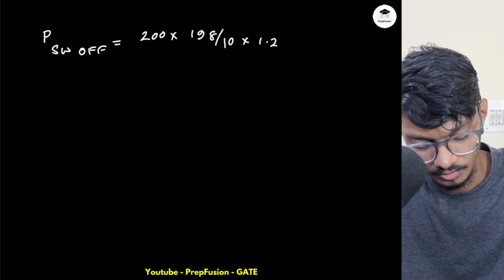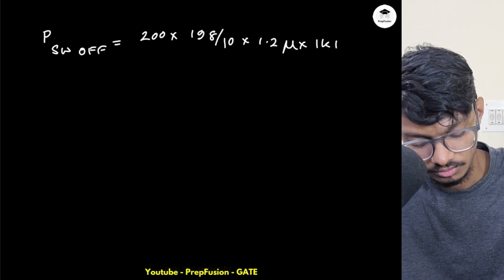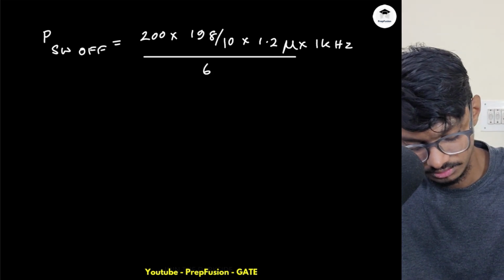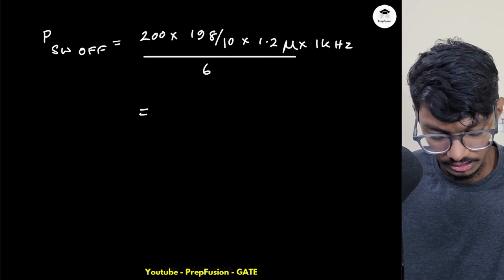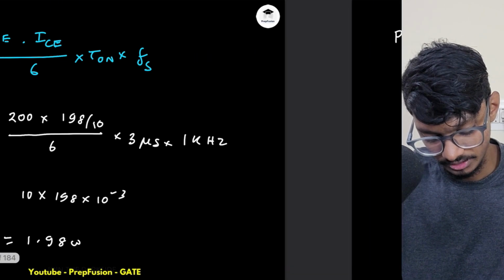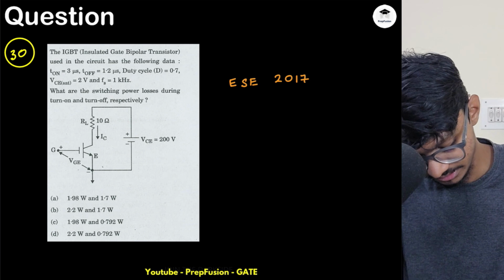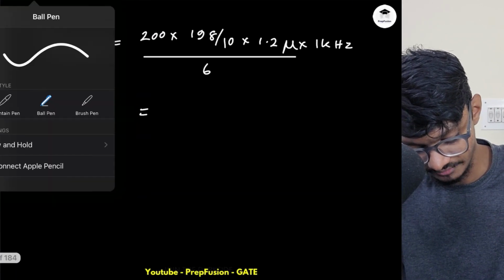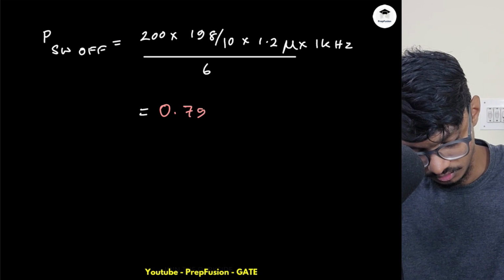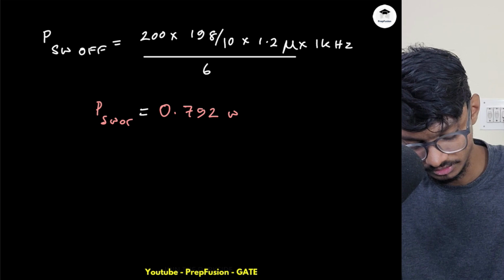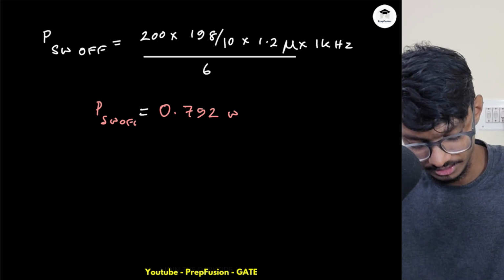T off is 1.2 micro into 1 kilohertz divided by 6. So this answer will be 0.792 watts. You can compute. I already know the answer, so this answer will be 0.792 watts.